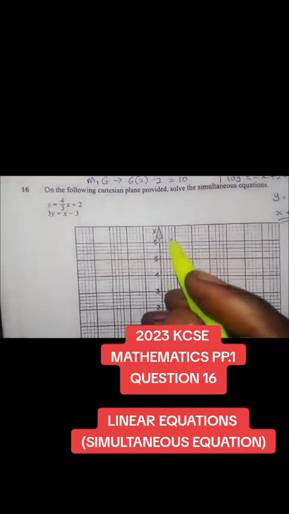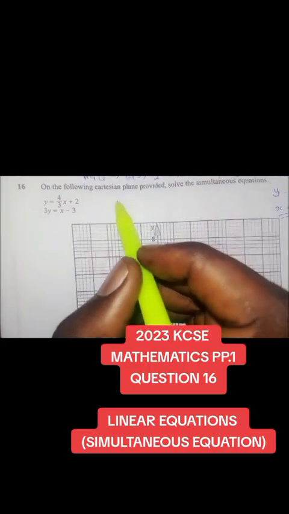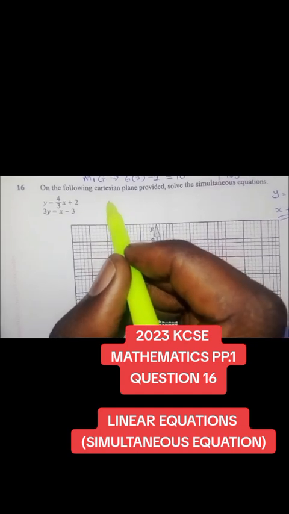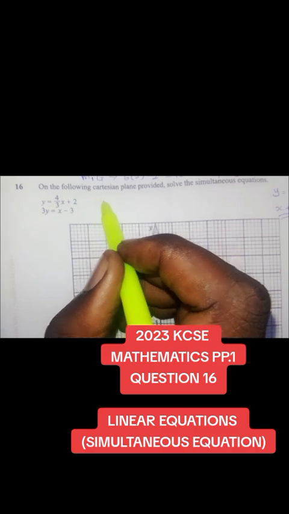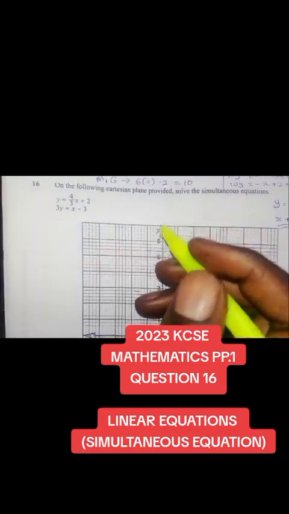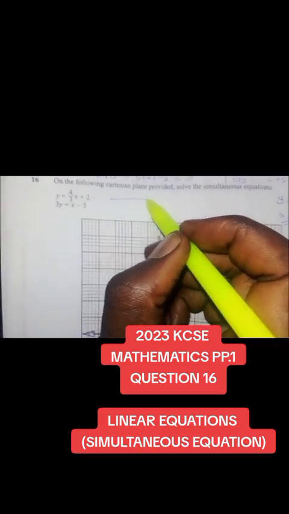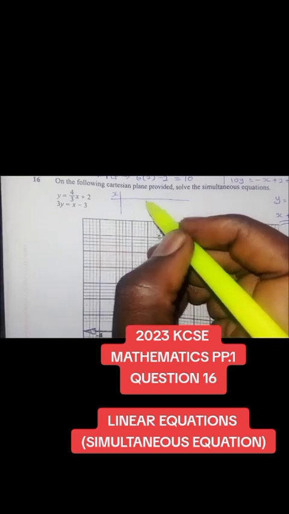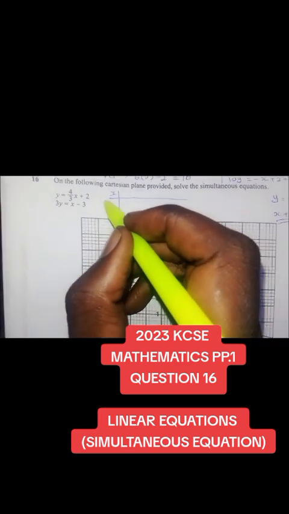Remember, it is KCSE and time is limited, so don't go into big calculations. You're just going to draw a small table over here, and you give it axes, and then you write your two equations.